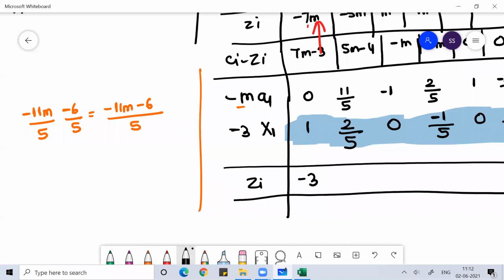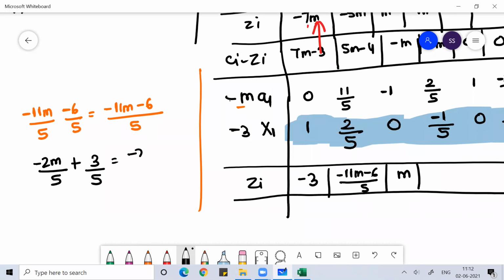So you will get minus 11M minus 6 by 5. This is M only. Then this is minus 2M by 5, and minus minus plus, this is 3 by 5. So this is minus 2M plus 3 by 5.